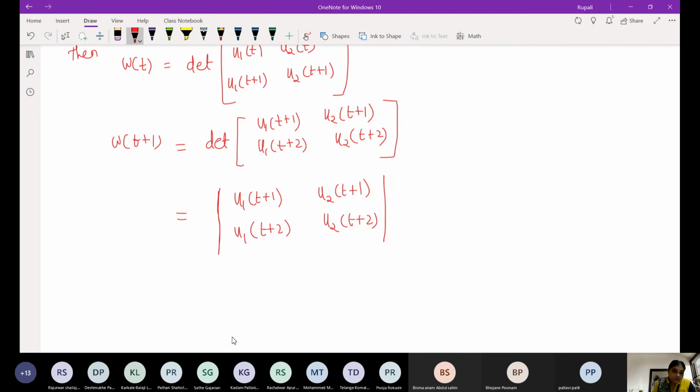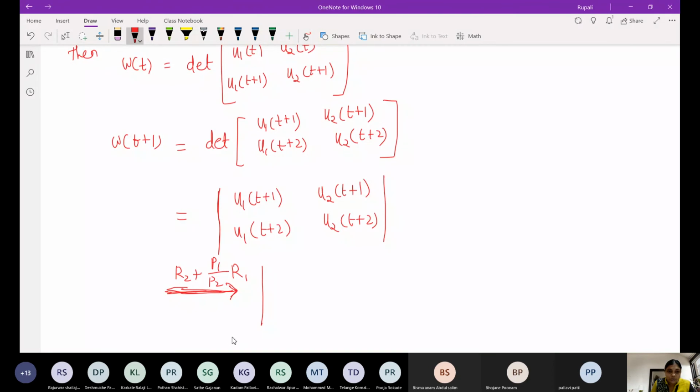Now if I perform an elementary operation on this determinant, R2 plus p1/p2 times R1, the determinant won't change. In linear algebra you might have seen this property of determinants. So I apply R2 plus p1/p2 R1.